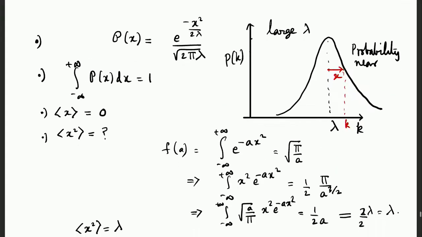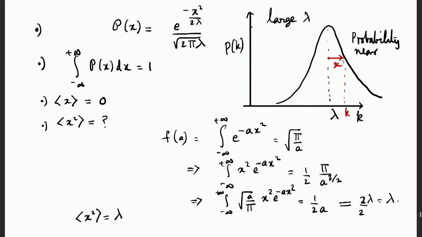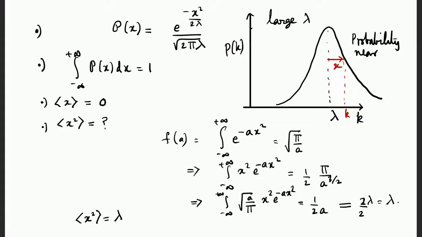Now, so now few checks. This function is a Gaussian. Okay. It says the deviations from the mean is described by a Gaussian. First thing you can check is that if I integrate from minus infinity to plus infinity, I get 1. Root of pi by 1 by 2 lambda, it integrates to 1.